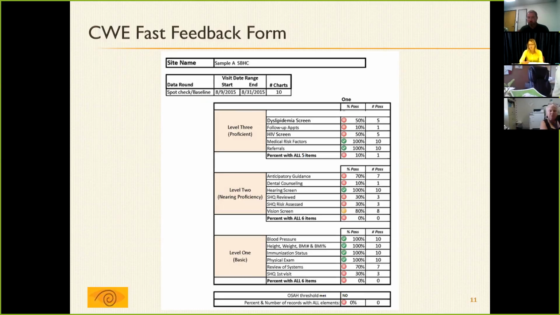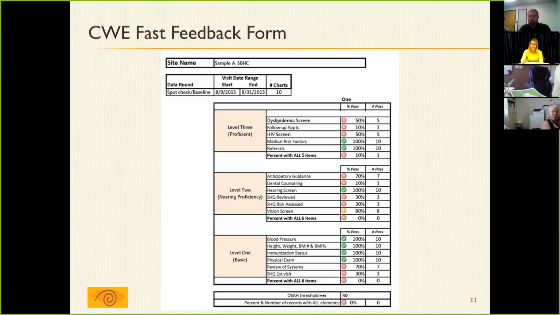And then level 2 is a little bit higher level pieces, including reviewing and assessing the SHQ, the hearing and vision screen, dental counseling, and anticipatory guidance. And again, a lot of those are driven by the student health questionnaire actually being administered. So really that very first piece is administering the student health questionnaire.